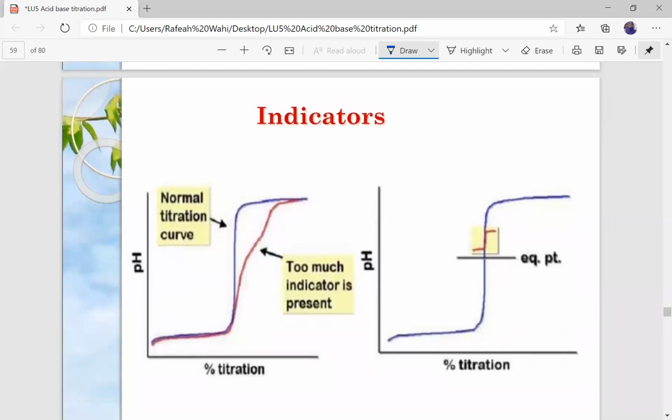So these are some figures to support the things that I've mentioned just now. When you have too much indicator present in your analyte, you will change the inflection point. Okay, let's say you have the normal titration curve as in the blue curve here, but when you add too much indicator, the inflection point will change as in the red curve.